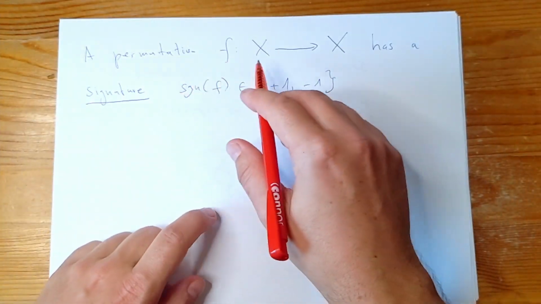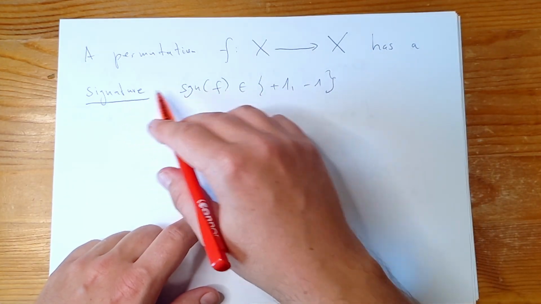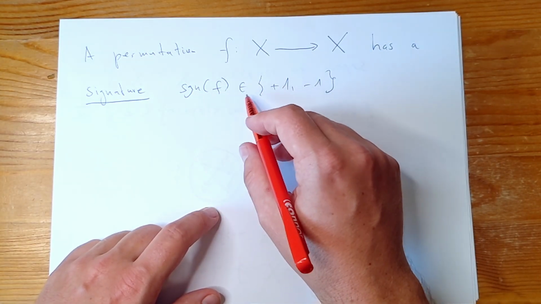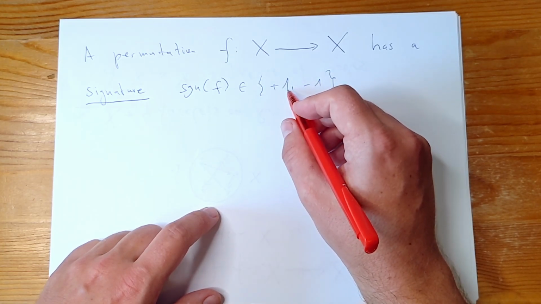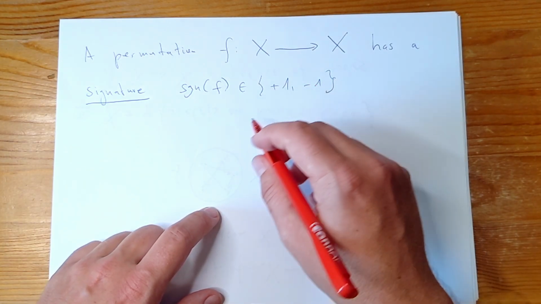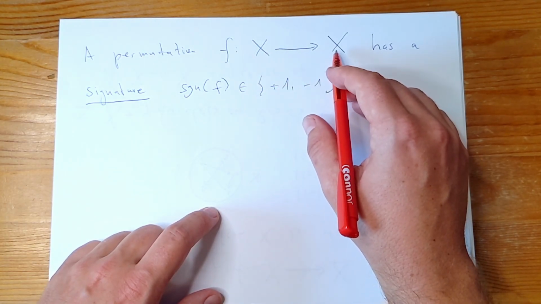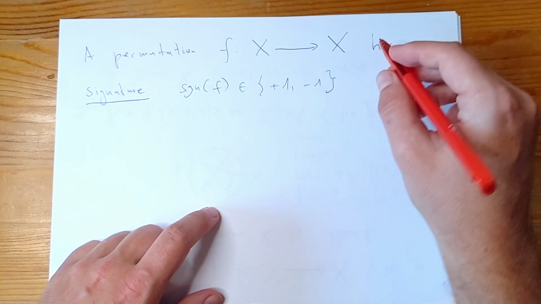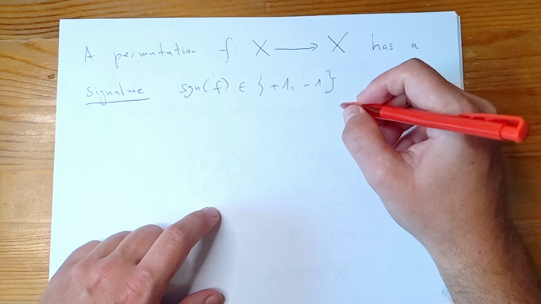So this is what we need now. Every permutation f has a signature, called sgn of f, also called the sign of f, which is either +1 or -1. So this is a mapping from the set of permutations to the set consisting just of +1 and -1. Here X is any finite set.